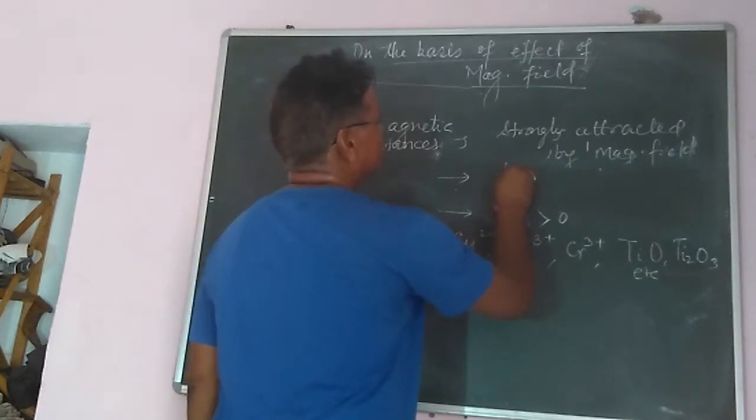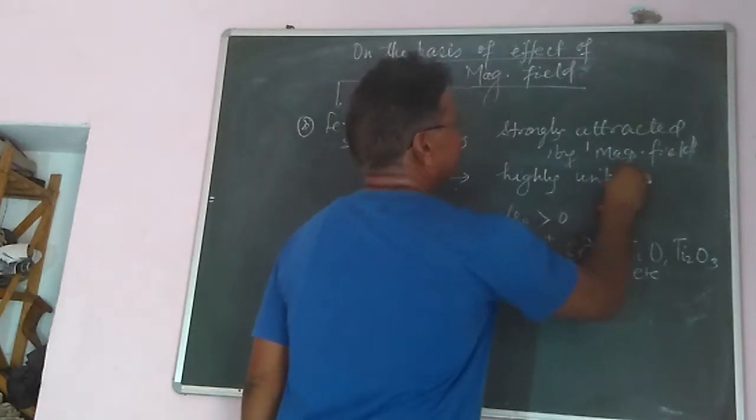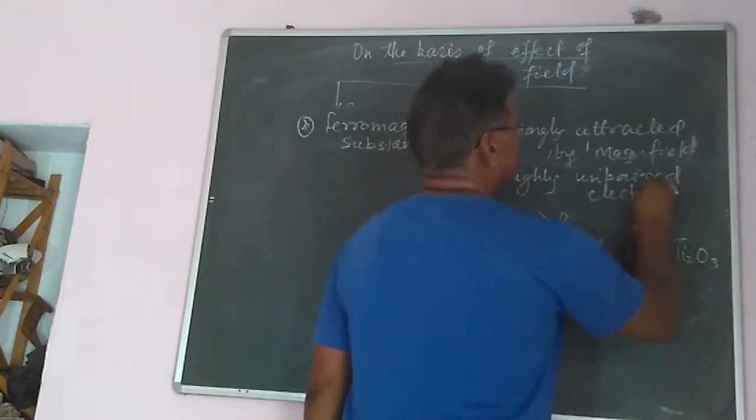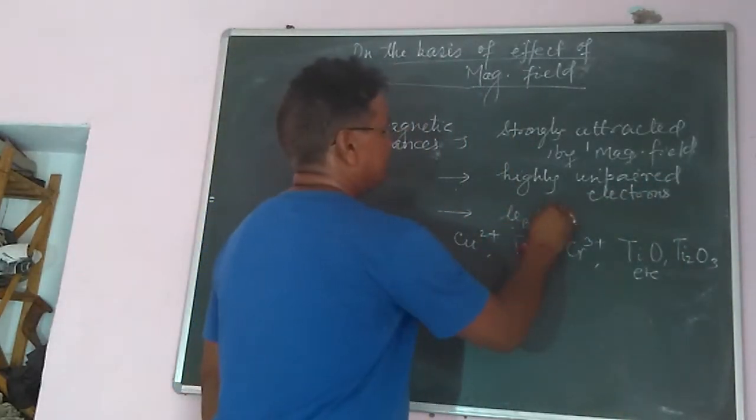It means it has many unpaired electrons, which cause a higher magnetic moment.